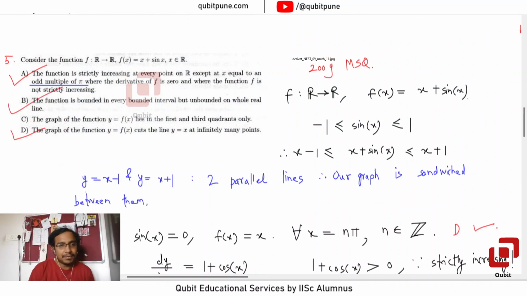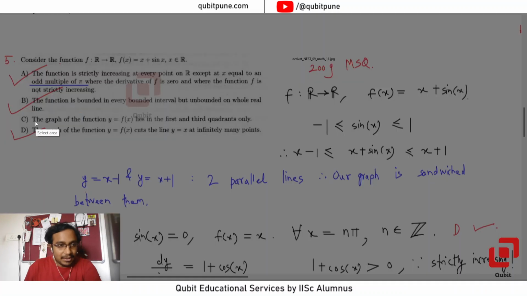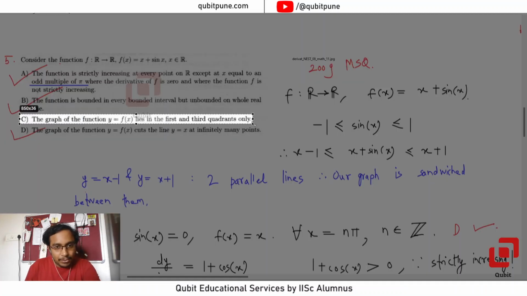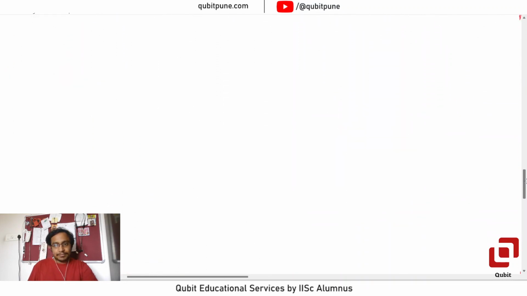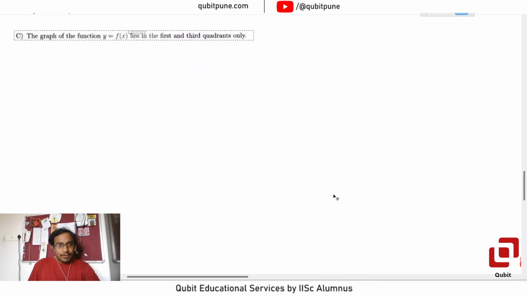C says the graph of the function lies in the first and the third quadrants only. Now this is something that we need to work out. Take a look. The graph of y equal to f of x lies in the first and third quadrants only. Okay, look.